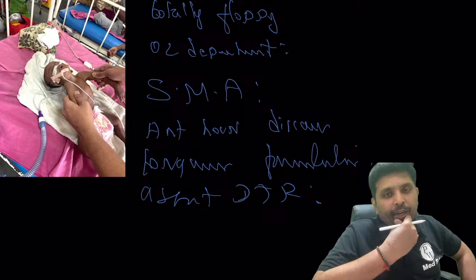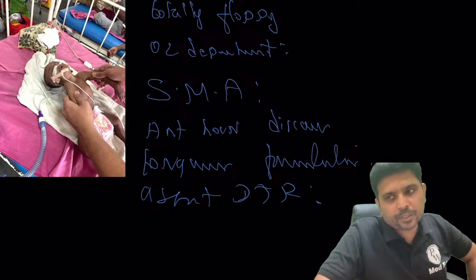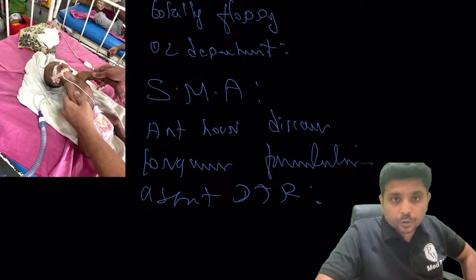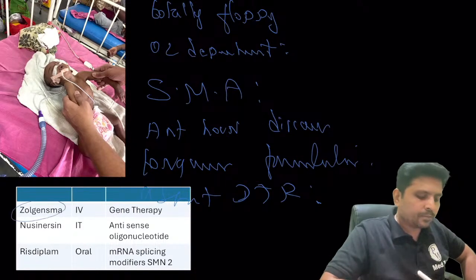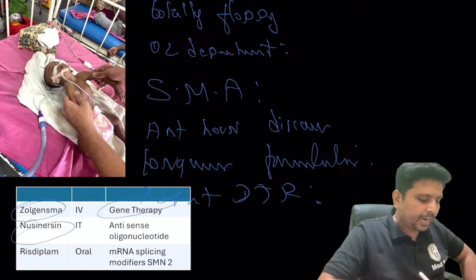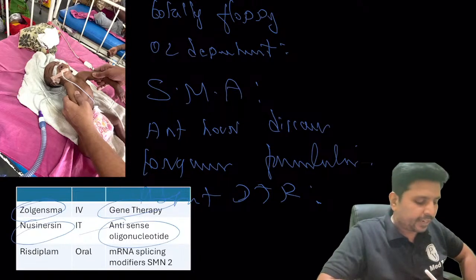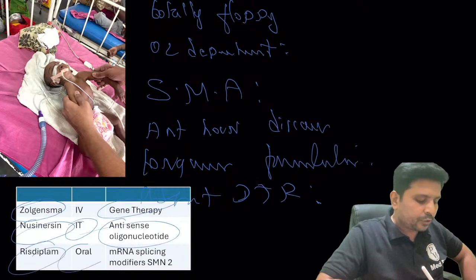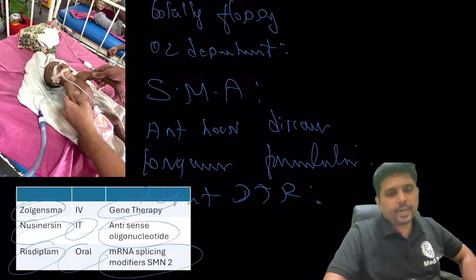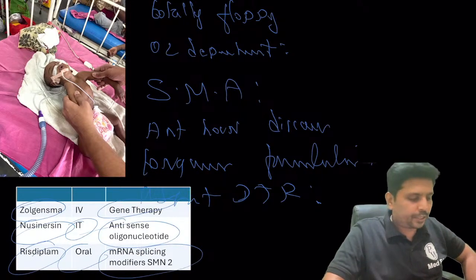There are so many new drugs that have come for spinal muscular atrophy. Zolgensma, an IV gene therapy, whereas nusinersen is an antisense oligonucleotide given intrathecally. Risdiplam, an oral drug, is used as an mRNA splicing agent.